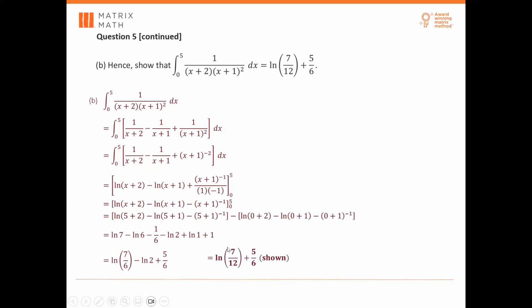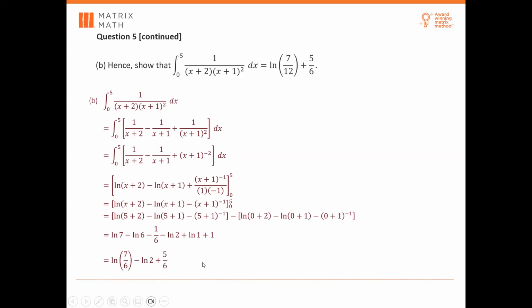So ln 7 over 6 minus ln 2, right? You become 7 over 6 divided by 2, which will become ln 7 over 12 plus 5 over 6. So therefore, you have shown that it equals to the right-hand side, okay?